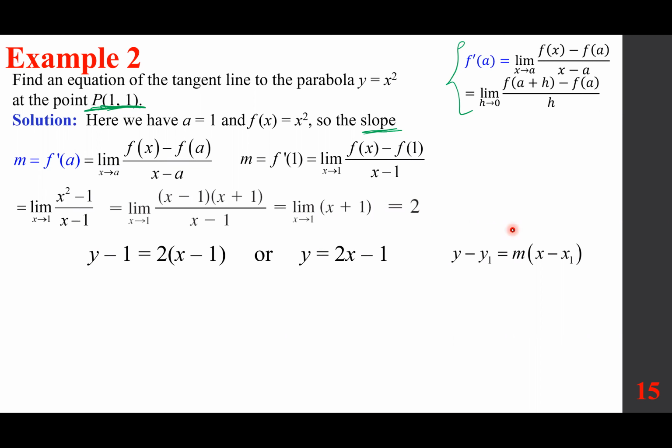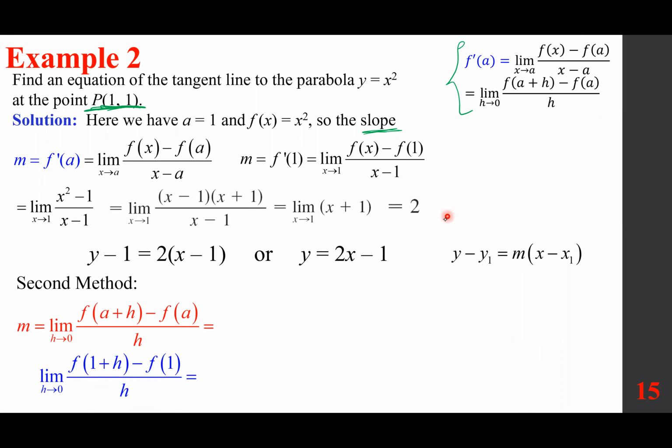Before I go to the last question, let's just quickly look at this second method because you really have a choice, class. Any of them you can do. Again, for practice, we want to look at that. And we are looking at a being 1. So we plug in 1 plus h into the function, and we square that.